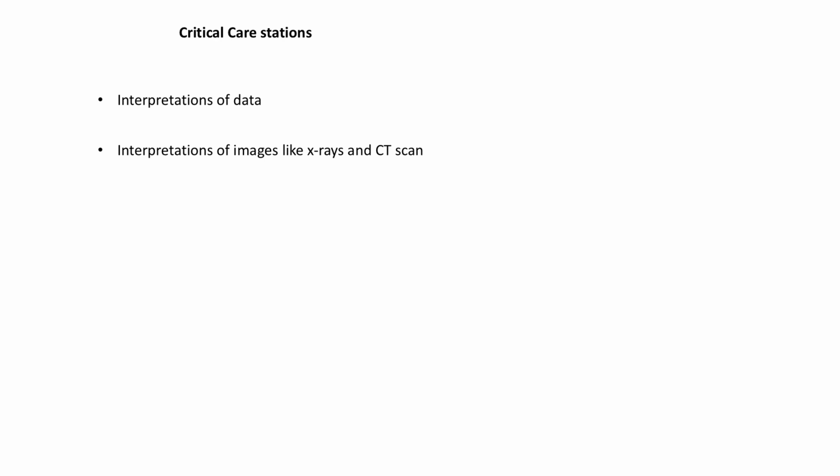And critical care stations are also like pathology stations. These are knowledge stations. They assess interpretation of data and interpretation of images, and then you make your differential and discuss management.